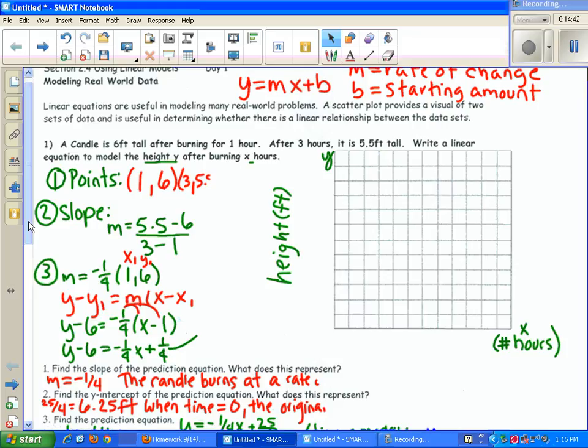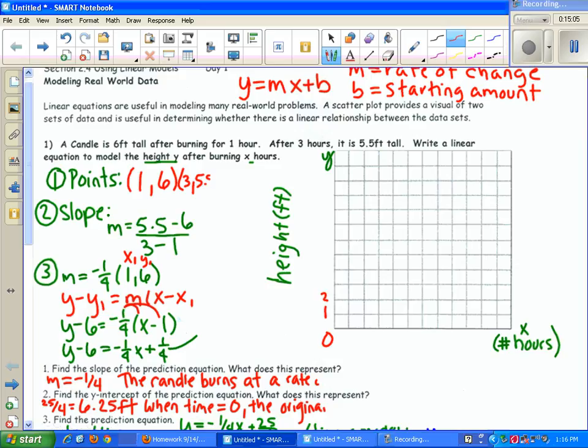And so the next part that I need to do, which can sometimes be tricky, is I need to figure out a scale that I'm going to go by on my graph. So I know this is going to start here at 0. So usually what I do for the y-axis, we notice that our candle is starting at a height of 6.25 feet. So I can go ahead and just make my scale go by 1.